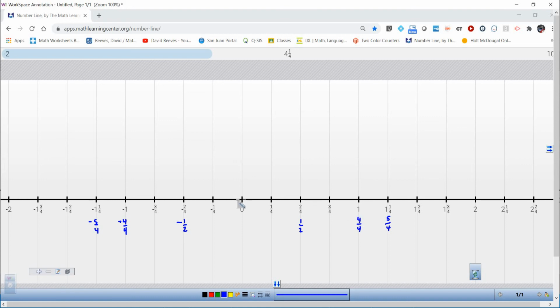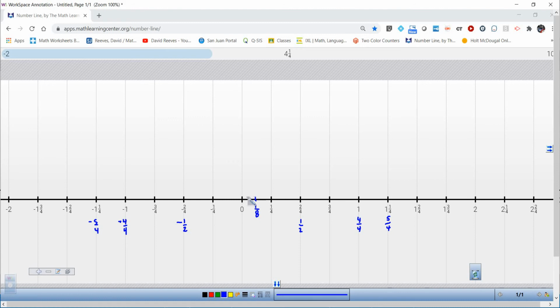If they ask you what's closest to 0, as you get closer to 0 on the positive side, the numbers get smaller and smaller and smaller. Right here, for example, we have 1/4. Right in the middle of 0 and 1/4 would be 1/8, right? See how 8 is bigger than 4?